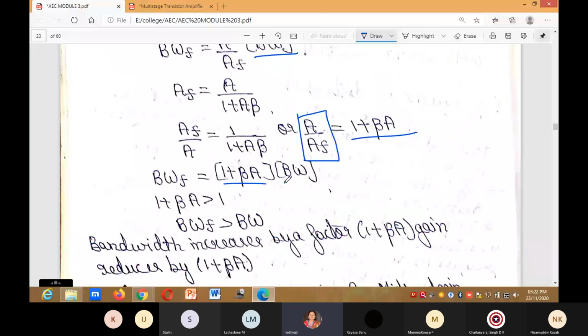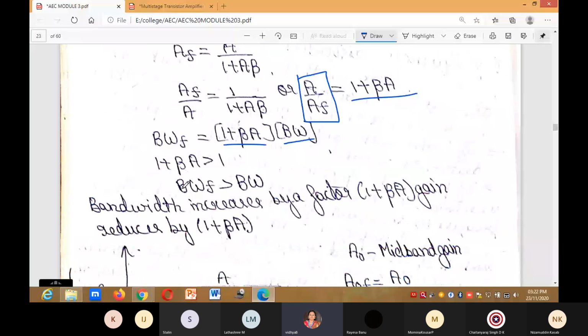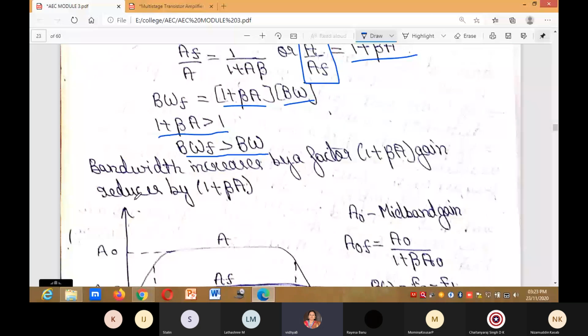So 1 plus beta A is greater than 1, so BWF is greater than BW. Bandwidth will increase by a factor 1 plus beta A.